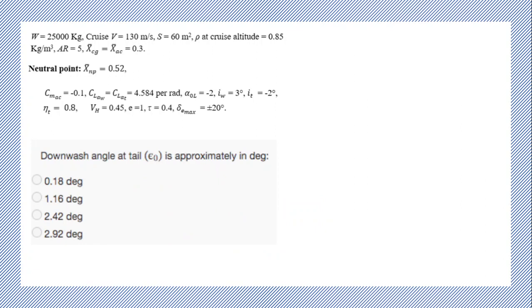Next question. The downwash angle at tail epsilon naught is approximately how much in degrees? How do you calculate this? What was the formula for epsilon naught? We used it in the previous question. It is 2 CL naught by pi E AR. Correct? So what is CL naught here?